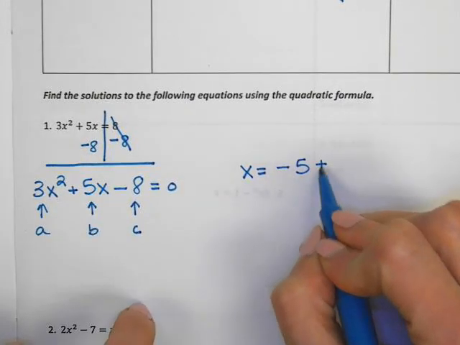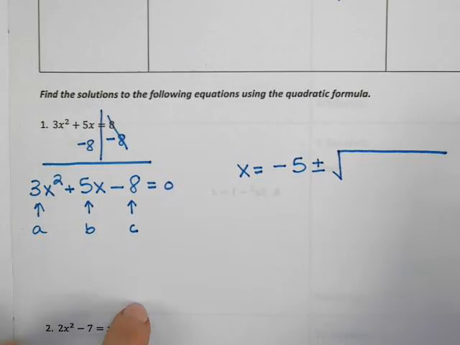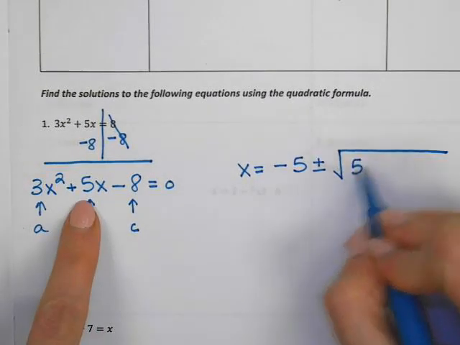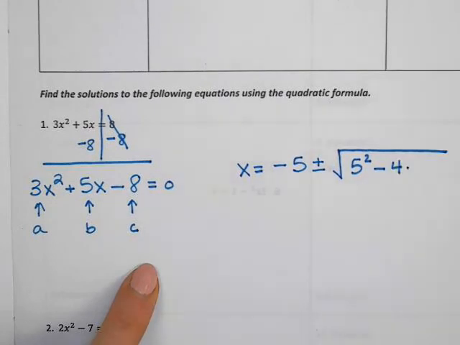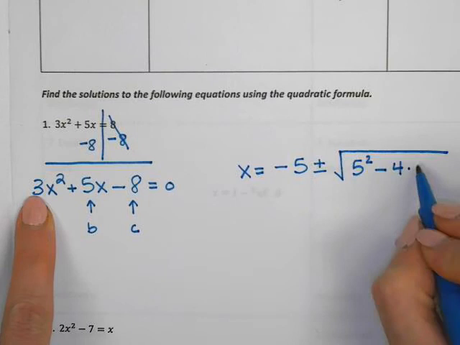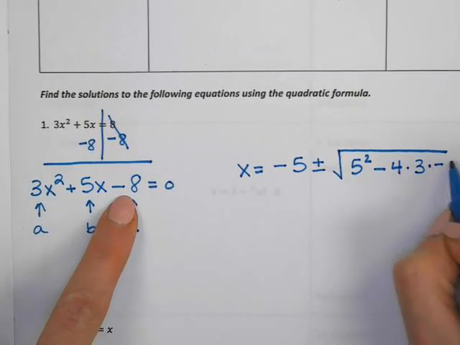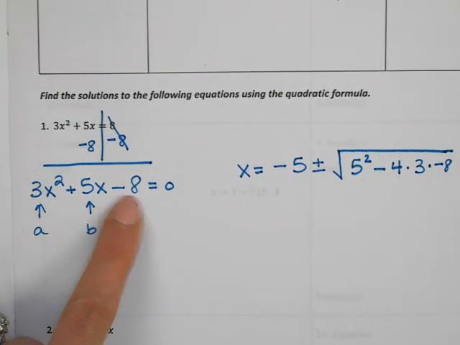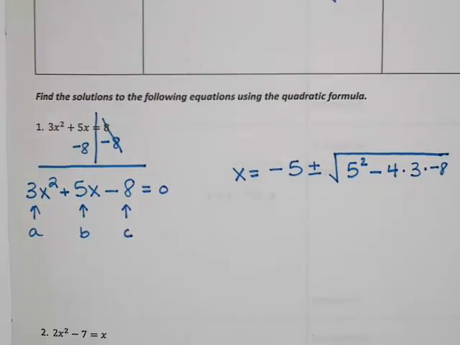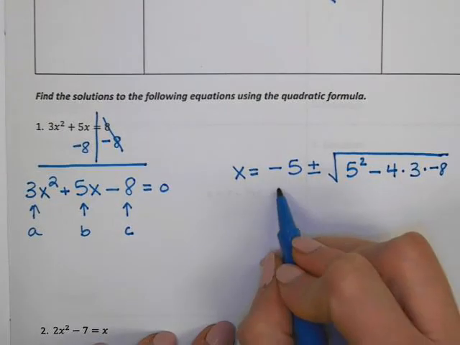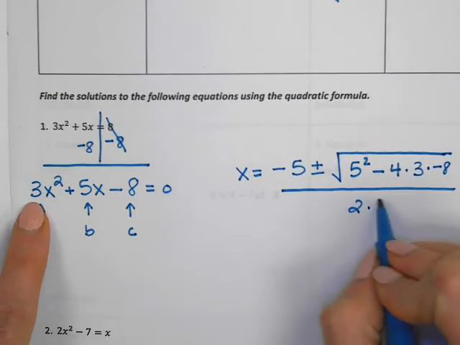And then plus or minus square root b squared, so 5 squared, minus 4 times a is 3, times c is negative 8. Make sure you guys get that negative. The negative's included with the number that it's in front of. And then it's all divided by 2 times a, so 2 times 3.